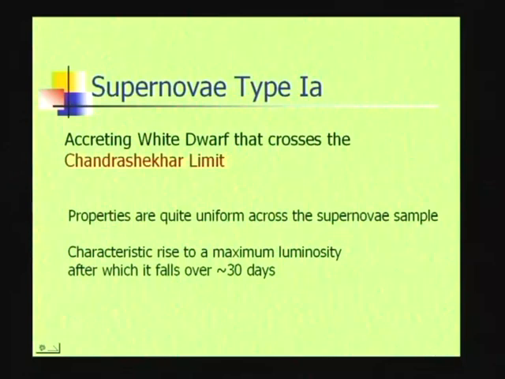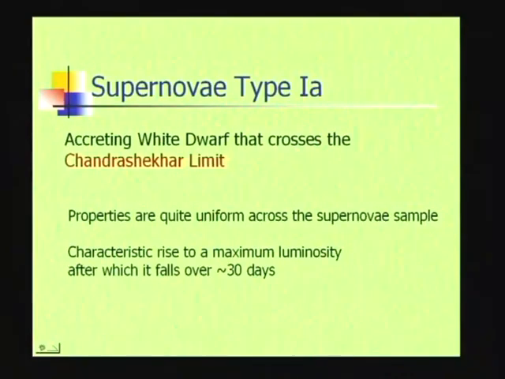Okay. And in the supernova of type 1A, it is found that the properties are quite uniform across the entire sample. This is what makes them particularly well suited for determining cosmological distances, acting like standard candles.